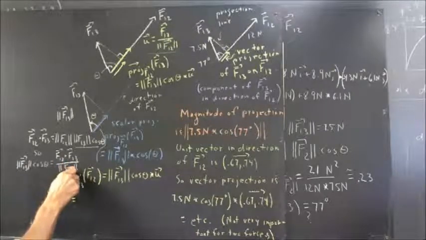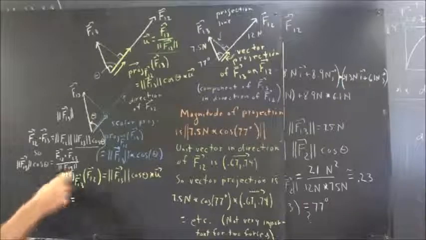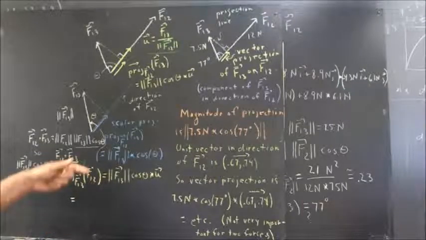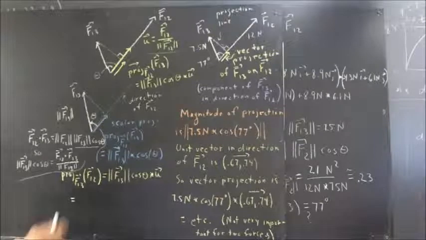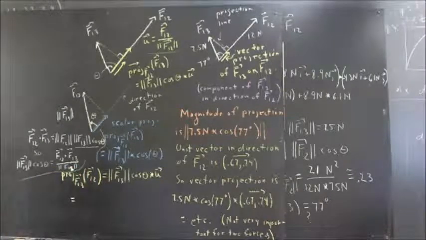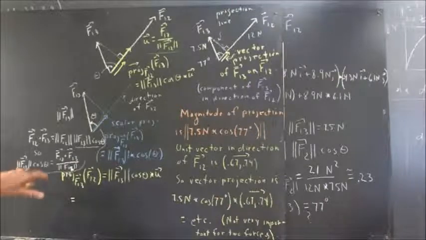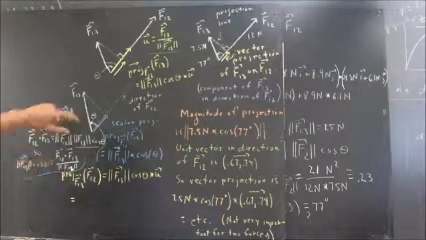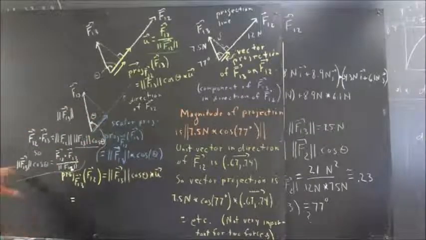You probably can't read that, and it should be F12 anyway. Okay, F12. Okay, that looks a lot like a 2. So we divide both sides by the magnitude of F12 in order to find magnitude of F13 cosine theta.